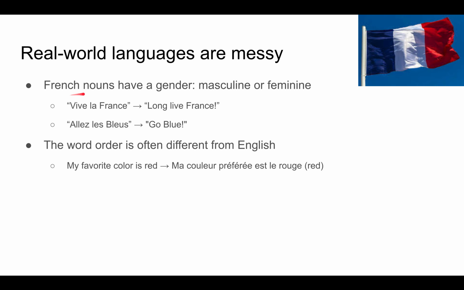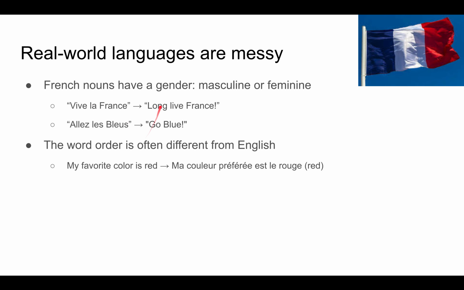For example, in French, all nouns have a gender, either masculine or feminine. So, vive la France. Here, France has a female gender. But if you say allez les bleus, at least I think that's how it's pronounced, bleus is masculine. That's why it's les instead of la.